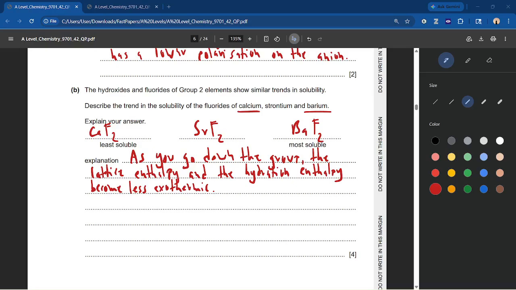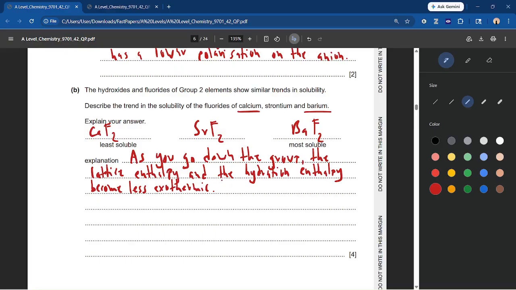So because they're becoming less exothermic, you also need to mention the degree to which they're both changing. So as we're dealing with fluorides, it's a relatively small anion and it's constant throughout all of these. So as it's a small anion, your lattice enthalpy decreases faster than the hydration enthalpy.